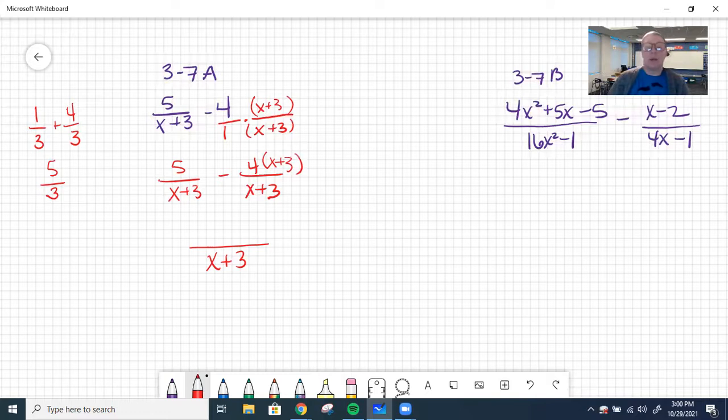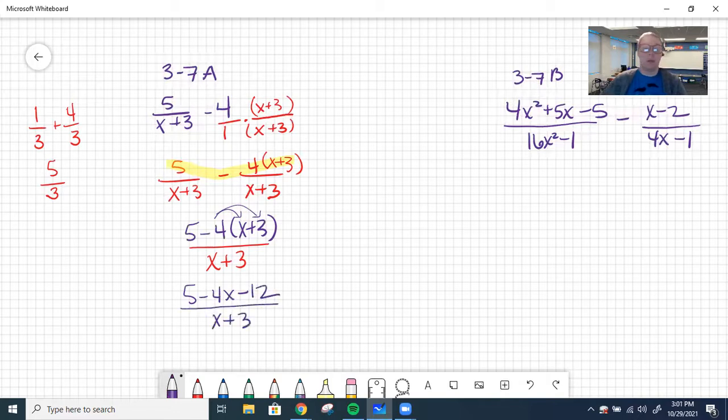Okay, so then when I go across the top, it would be 5 minus 4 times x plus 3. Notice I put this x plus 3 in parentheses because this minus 4 has to go to both of them. So I have 5 minus 4x minus 12 all over x plus 3.